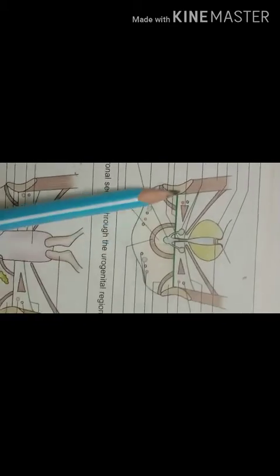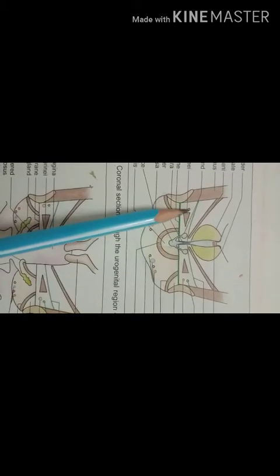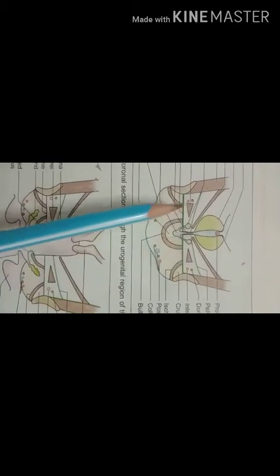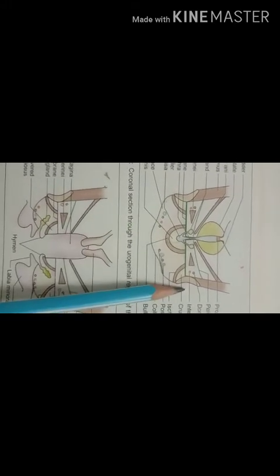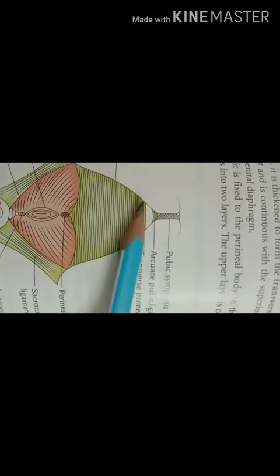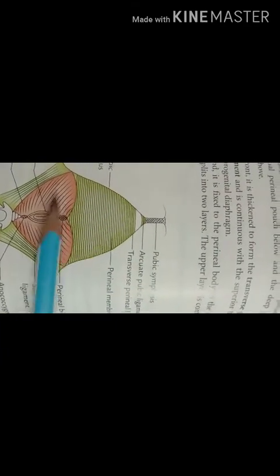So here you can see the perineal membrane. Above, the deep perineal pouch is present, and below, the superficial perineal pouch is present. Then in front it is thickened to form the transverse perineal ligament. So here you can see the transverse perineal ligament, and behind it is fixed to the perineal body.